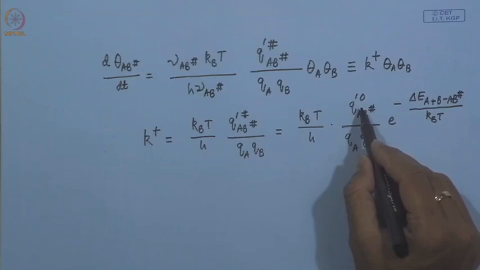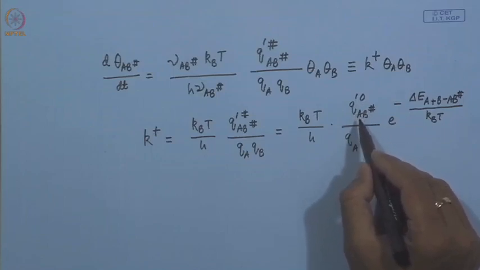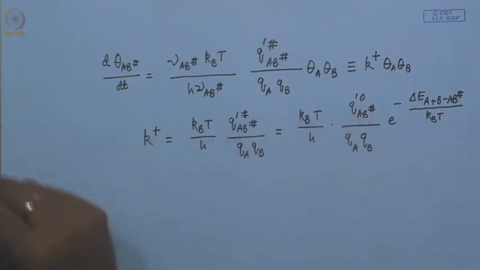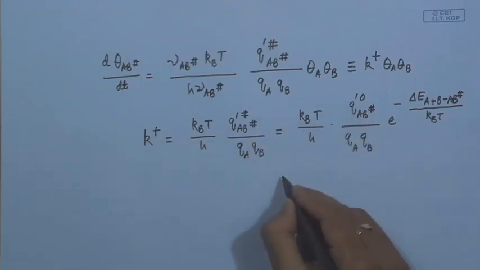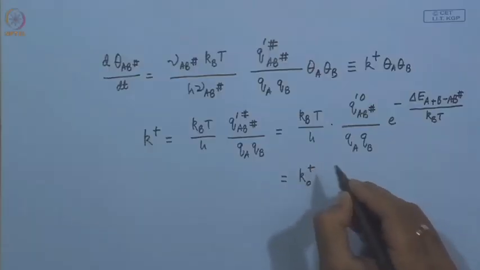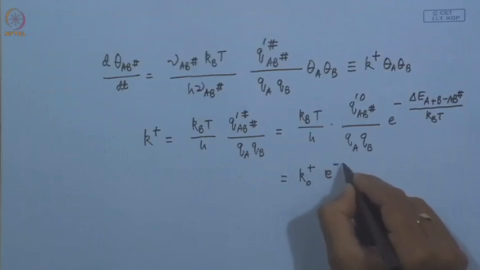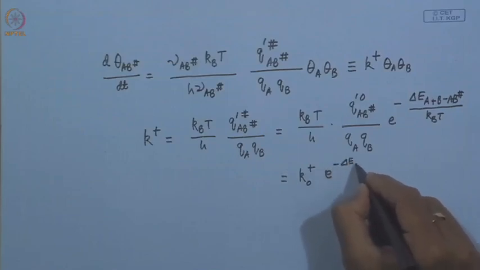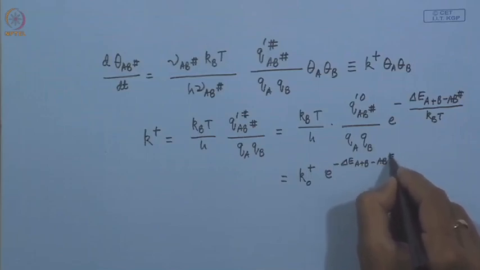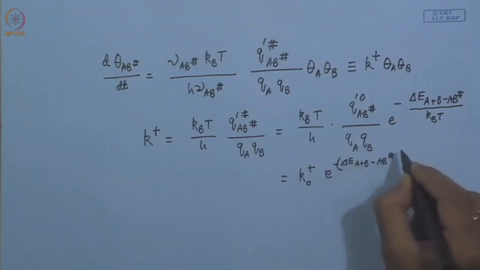The reaction coordinate along which this reaction is taking place, maybe one vibrational mode is converted to a translation. That is why it is primed. So basically it is now equal to K0 plus e to the power minus delta E, A plus B minus AB double dagger, divided by kB T.